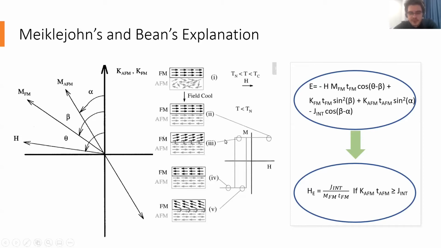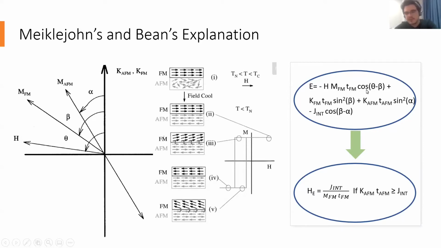After that, when you start to apply a field, you cannot turn this material to the opposite direction because of the interaction between the antiferromagnetic and ferromagnetic layers. When you turn it, the antiferromagnetic layer just shifts a little bit, but the ferromagnetic layer points in the opposite direction. While you are turning back to the original direction, it is easier to turn.